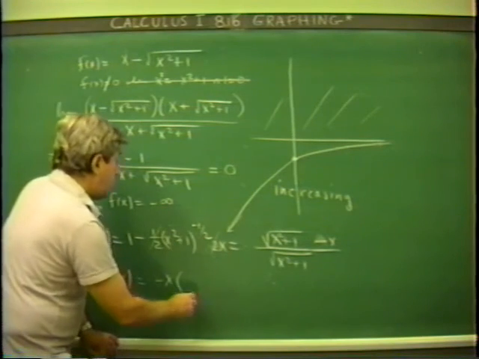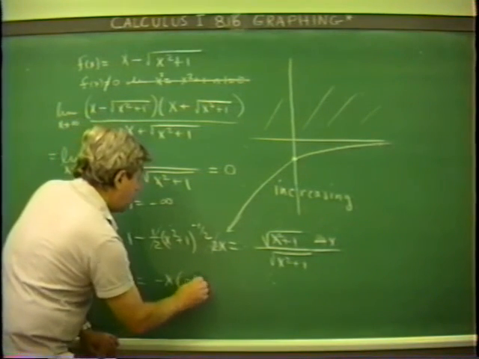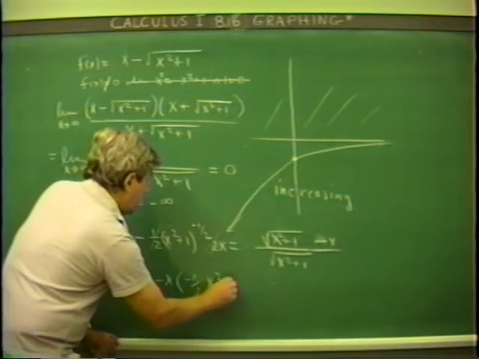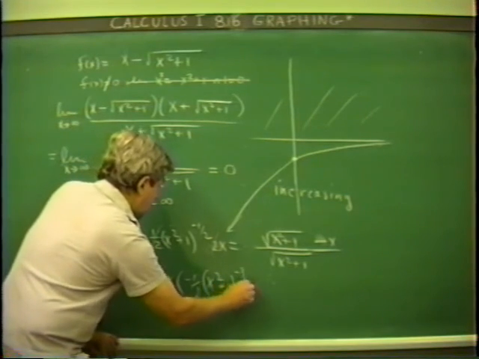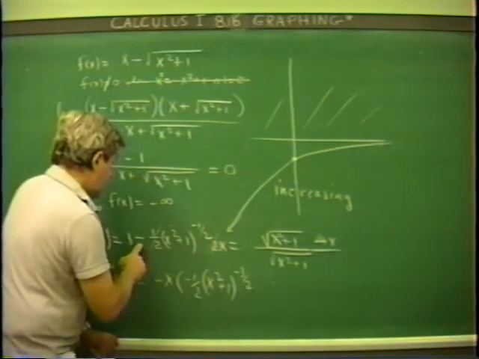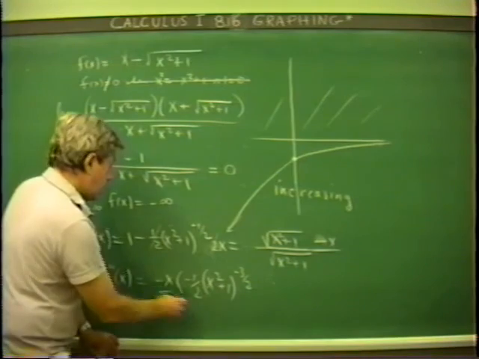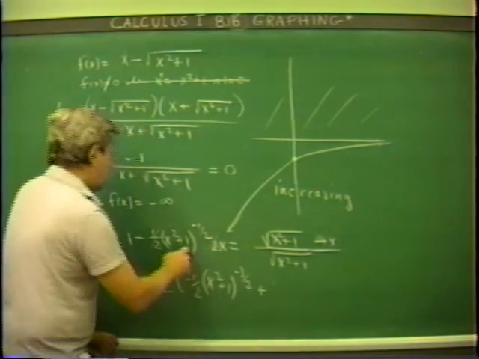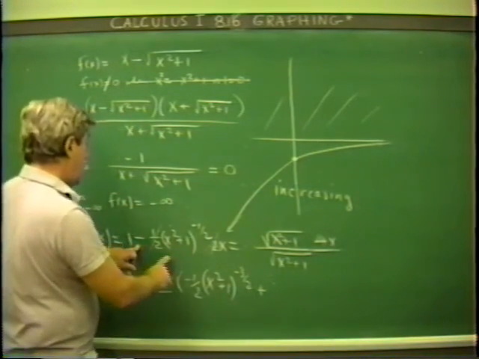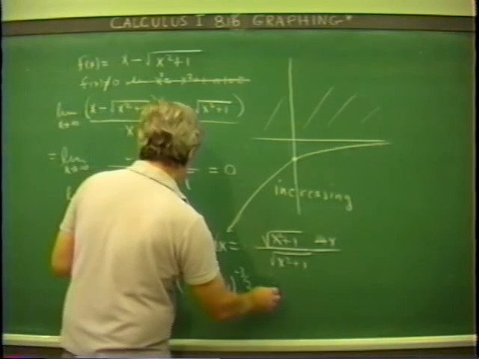Derivative of 1 is 0. I'm going to treat this as if these are canceled here. So this is a product. It's minus x times x squared plus 1 to the minus 1/2. So the derivative is going to be minus 1/2 x squared plus 1 to the minus 3/2.